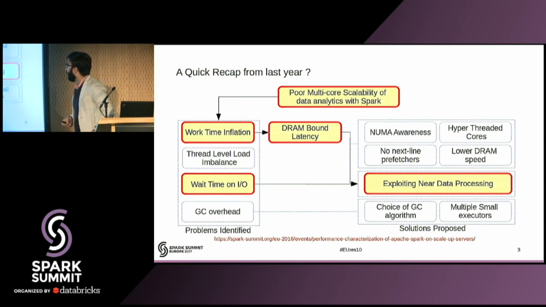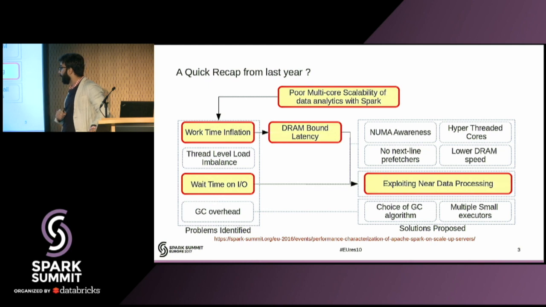Then I started looking at, okay, if DRAM bound latency is the problem, what kind of solutions you could apply in modern servers to hide that latency. The first one is that you could make Spark NUMA aware. The other is to experiment whether the hyper-threaded cores are effective or not. I also looked at the prefetchers in the existing Intel architectures and found that the next-line prefetchers are ineffective.